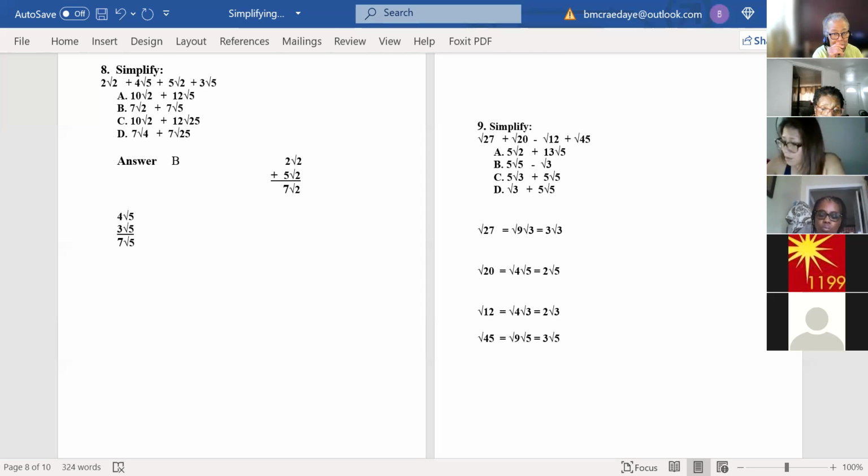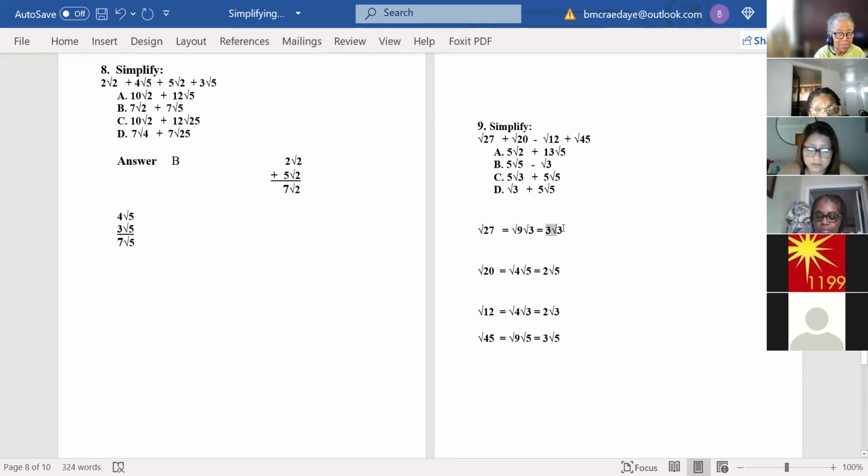Now you've got all your numbers, all your factors. Take these and plug them in up here: 3 times the square root of 3 plus 2 times the square root of 5 minus 2 times the square root of 3 plus 3 times the square root of 5. So how would that look?